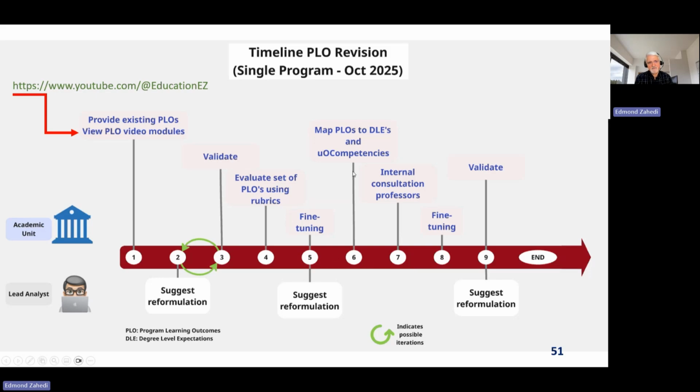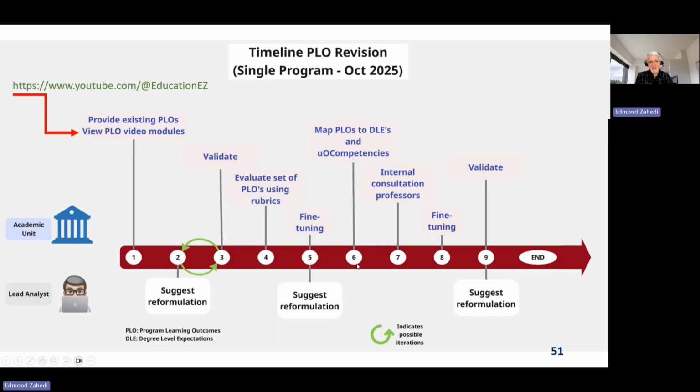Then the final stage of the fine-tuning is the mapping of the PLOs to the degree level expectations. This is a map that will be copied and pasted inside the report, and your competencies.